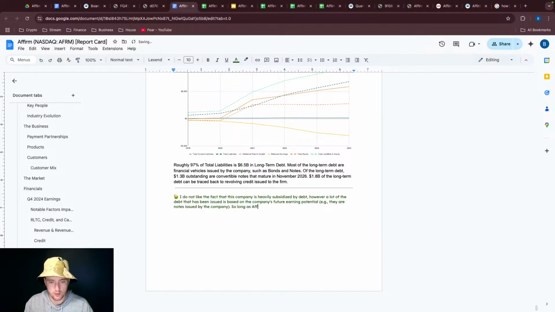So long as Affirm does not fall behind on their payments on the revolving credit line, and are able to make whole their outstanding debt to investors, the company will only become more and more appealing. Okay.